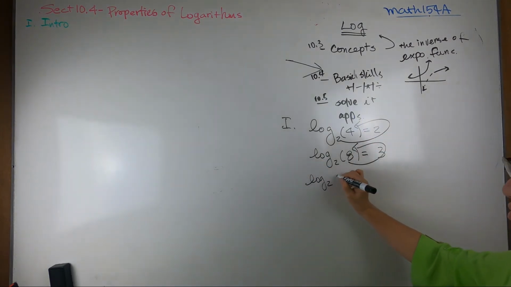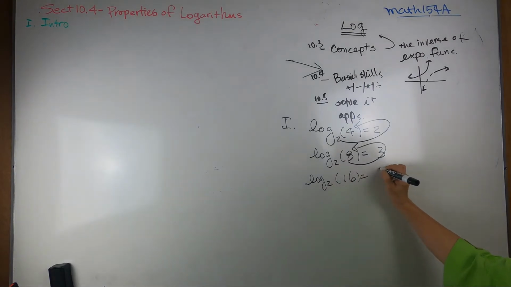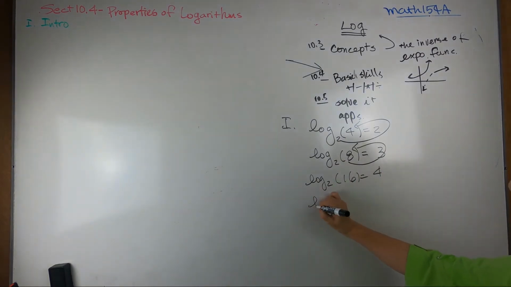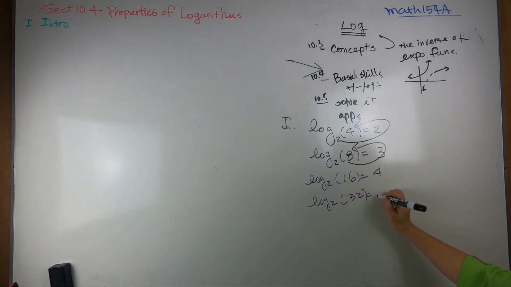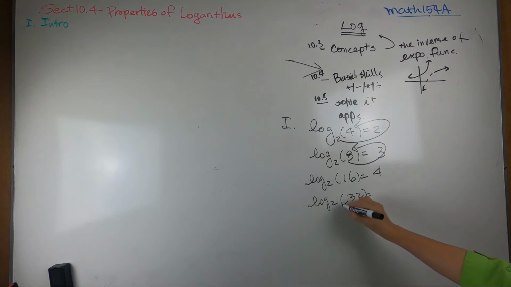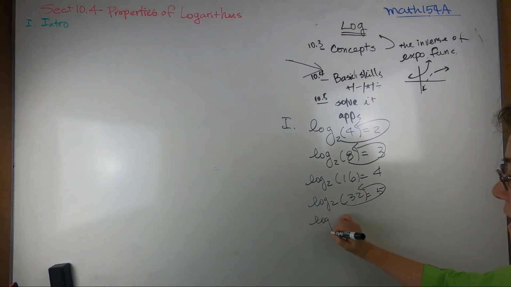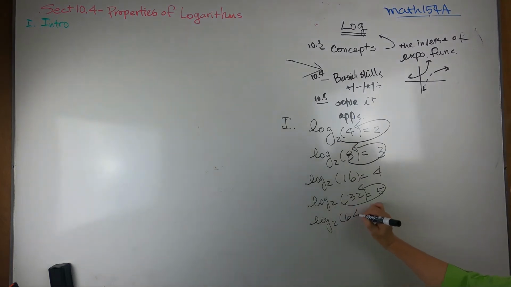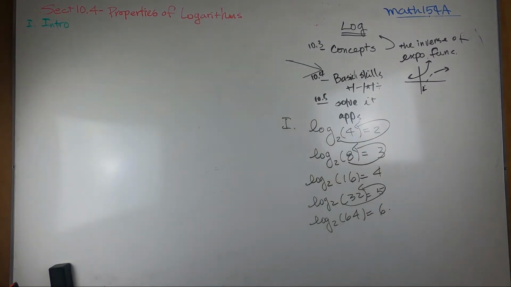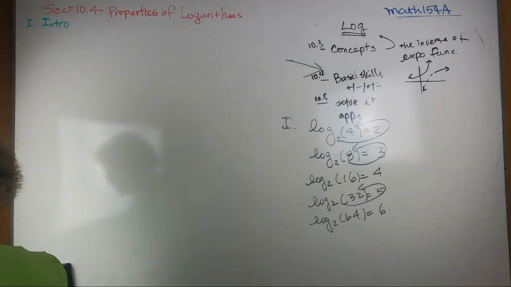How about log 2, 16? That would be 4. Log 2, 32: 2 to what power would be 32? 5. Then log 2, 64 would be 6. So that's how we are going to deal with it.